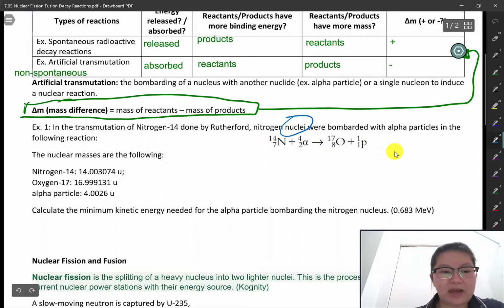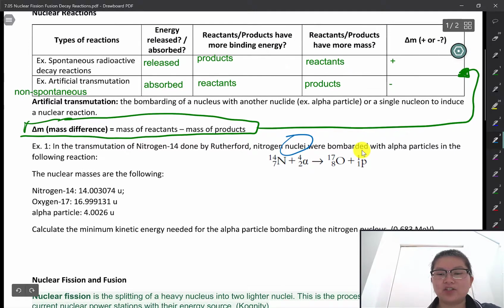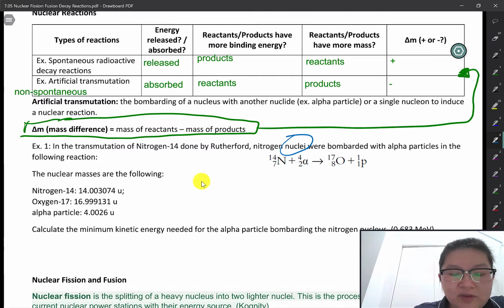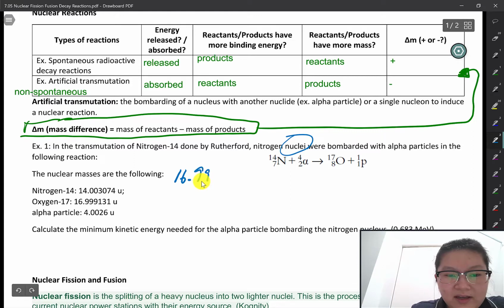So let's compare the masses. Since this is a non-spontaneous reaction, we know our products are going to have more mass. I know the mass difference is reactants minus products, but I'm going to do the opposite because I just want to work with a positive number. My products are oxygen, which is 16.999131 atomic mass units, not mu, and I'm going to add that of a proton.